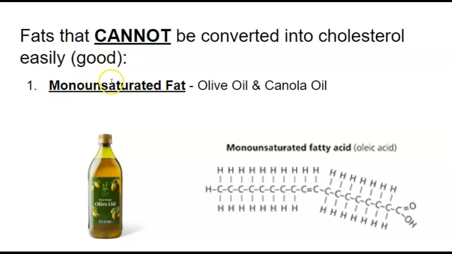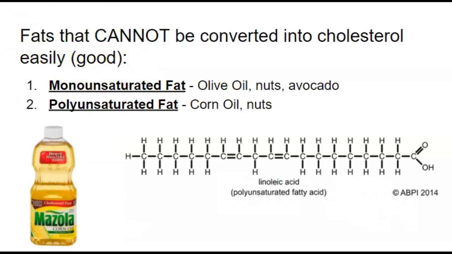Monounsaturated: mono means one, saturated means full. So it means that this fat is full of hydrogens except in one spot. You don't need to know that, but I just have a picture there. So these fats are good because they can't be converted into cholesterol easily. Other polyunsaturated fats have many spots where they're not filled with H's.